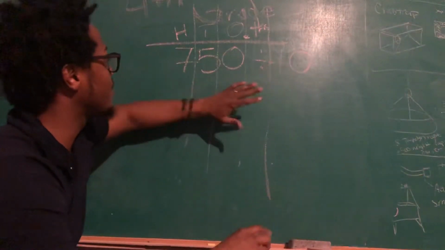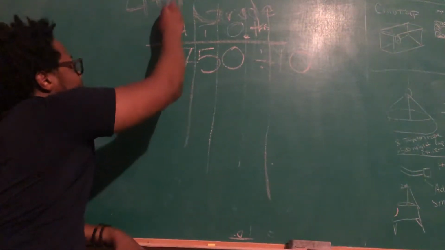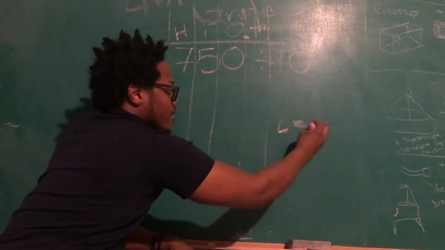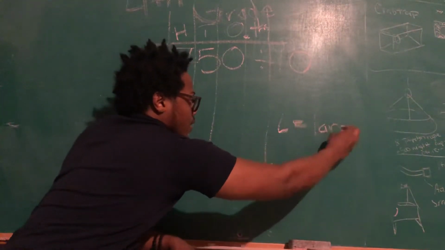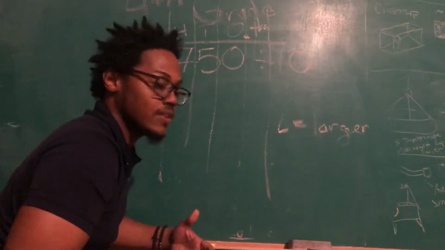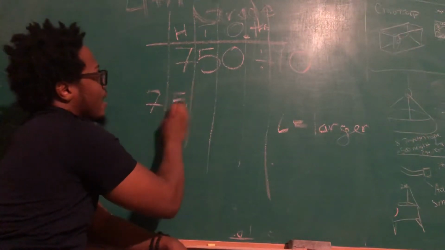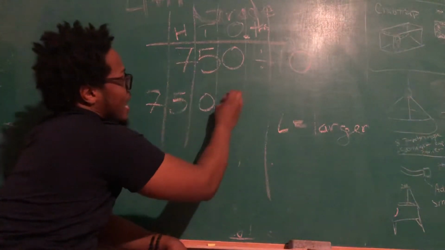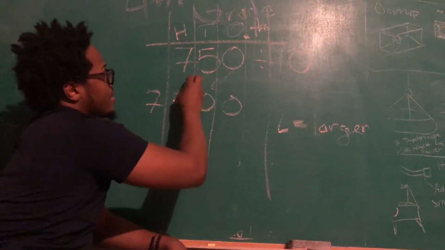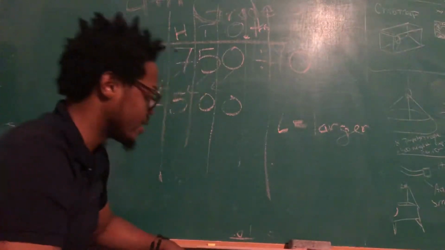If we were multiplying by 10, these numbers would actually increase by 10. And we already know that left is larger, okay? So anytime we go to the left, the number is increasing in value. So if I have a 7 here, it would be a 7, 5, 0, and I have to actually add a 0 because all the numbers would move one place value to the left. That's what it looks like when we're multiplying.